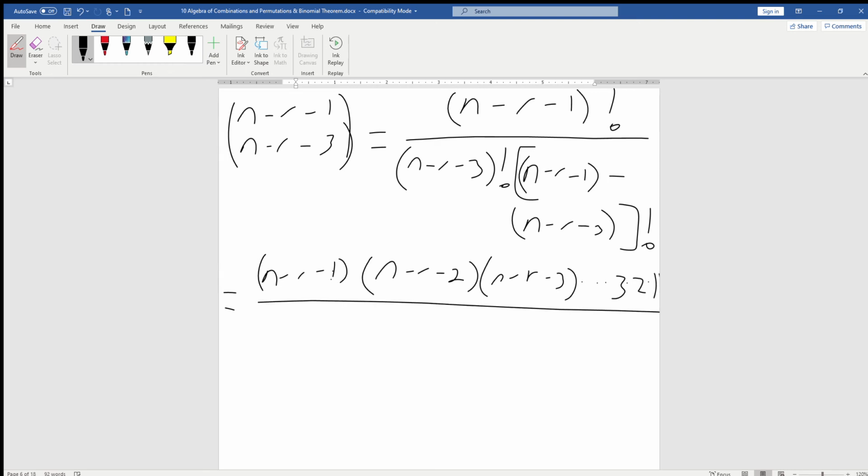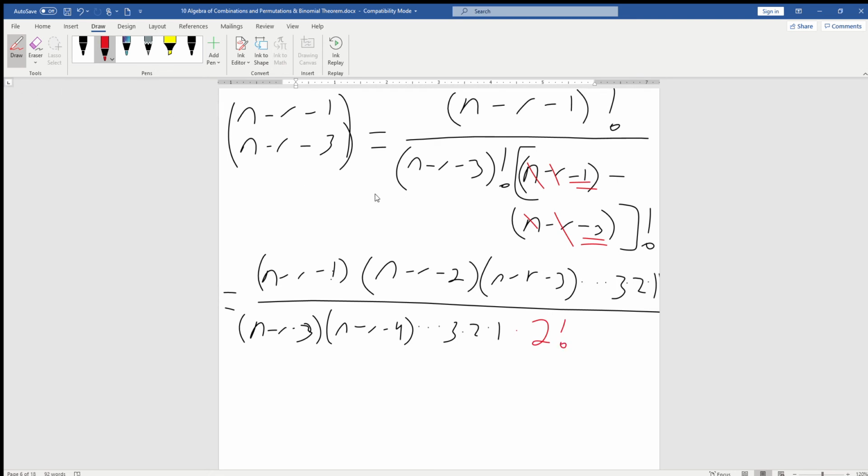N minus r minus 3 factorial is n minus r minus 3, n minus r minus 4, all the way down to 3 times 2 times 1. And finally, inside the parentheses of the factorial, we have n minus n, those are opposites, negative r minus negative r, which are opposites, and we have negative 1 minus negative 3. That's just going to turn into 2 factorial.